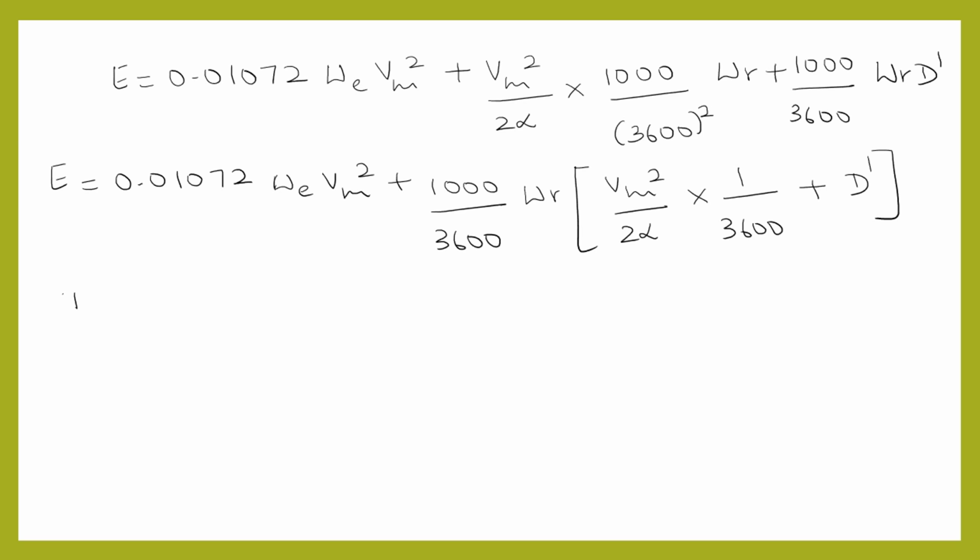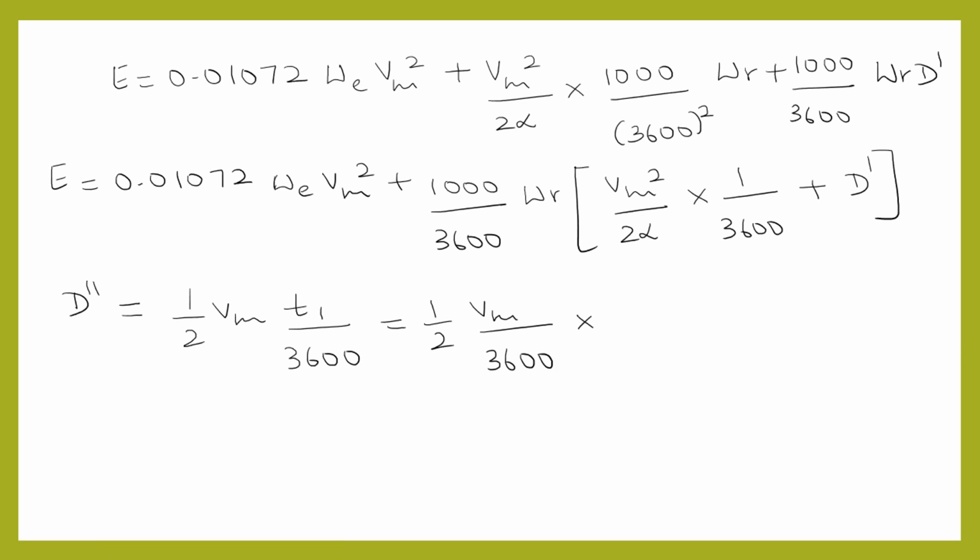We have D double dash, that is the distance travelled during acceleration, equal to half Vm T1 by 3600, that is half Vm by 3600 into Vm by alpha, that is Vm square by 2 alpha into 3600.